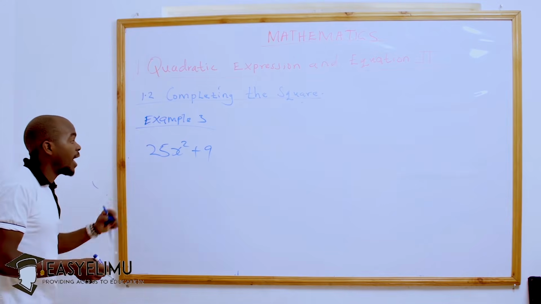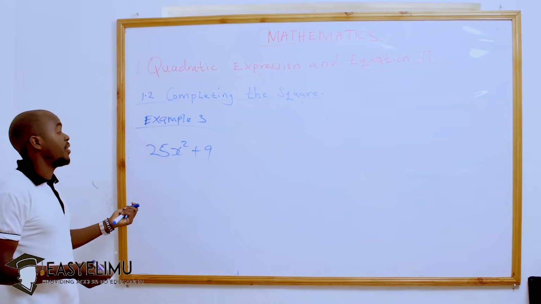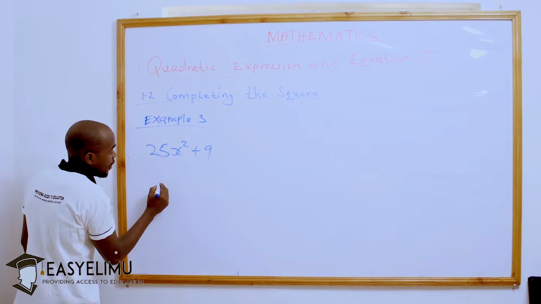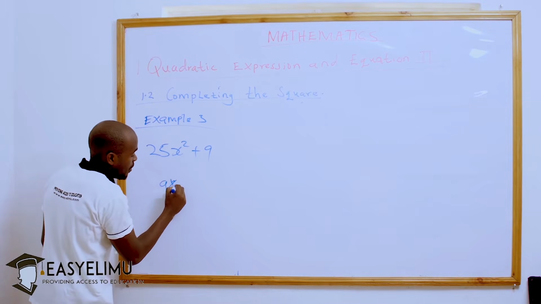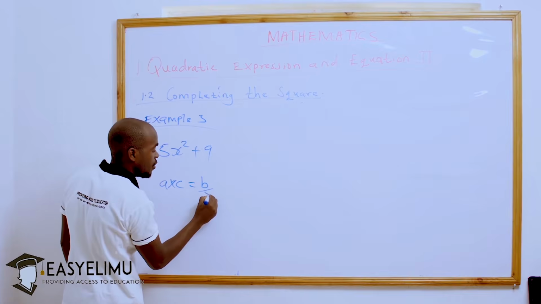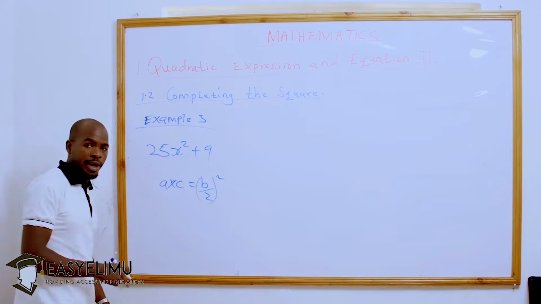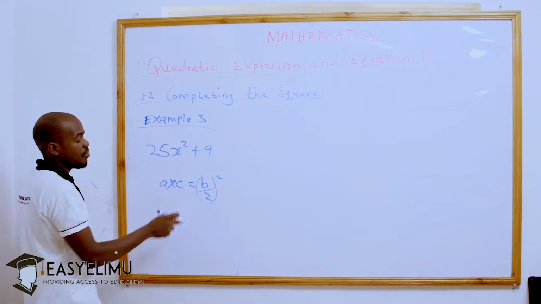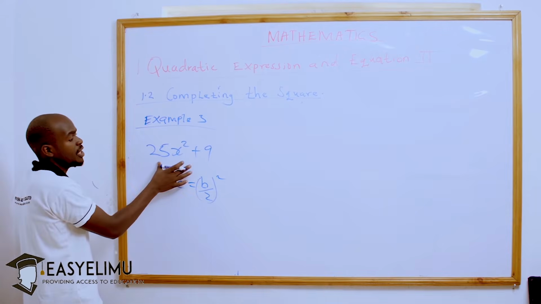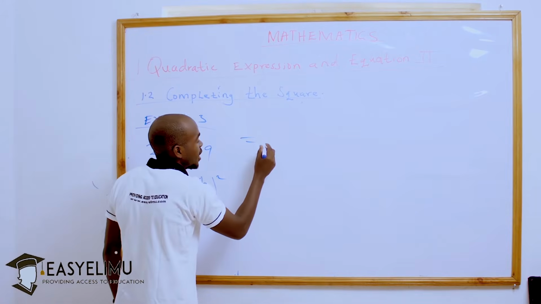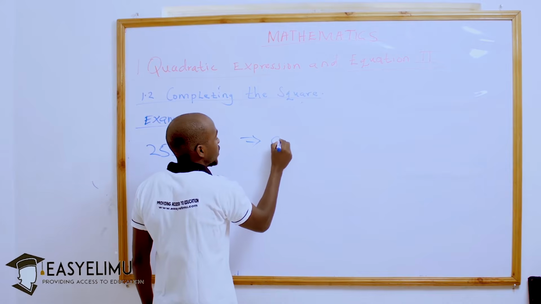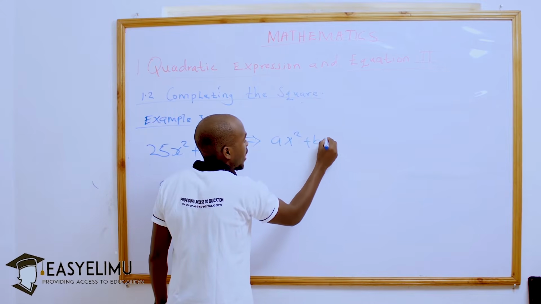To find it, we said a multiplied by c equals b over 2, then we square. But here we don't have b. What we have is relating to the quadratic equation, which is ax squared plus bx plus c.